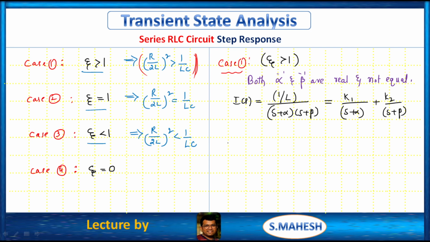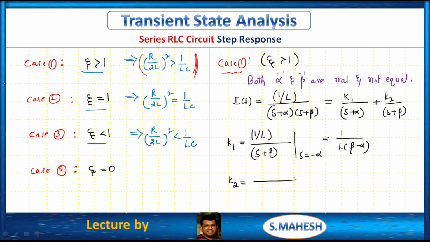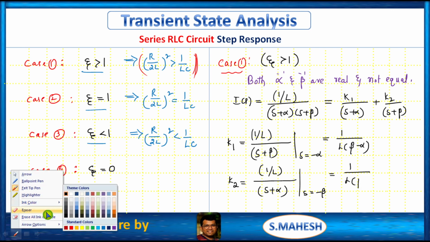To get K1, we don't have S plus alpha, and when S equals minus alpha, K1 equals 1 by L into beta minus alpha. Like that, K2: we don't have S plus beta here, when S equals minus beta, K2 equals 1 by L into alpha minus beta.